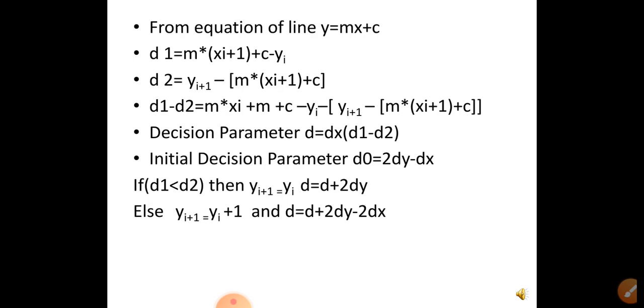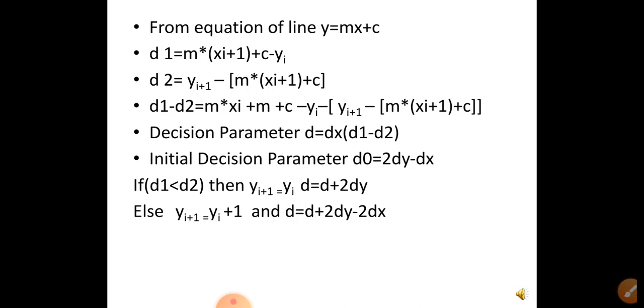So just remember, when the difference between x coordinates, that is dx, is greater than dy, only for those lines you can use Bresenham line drawing algorithm.